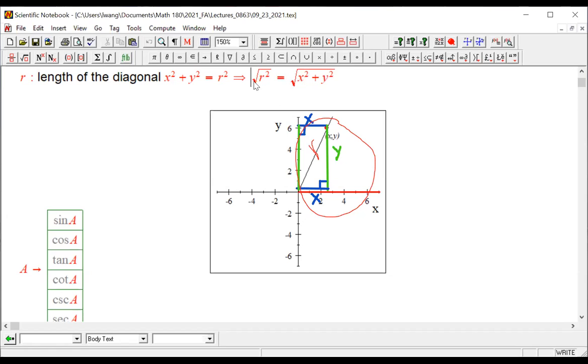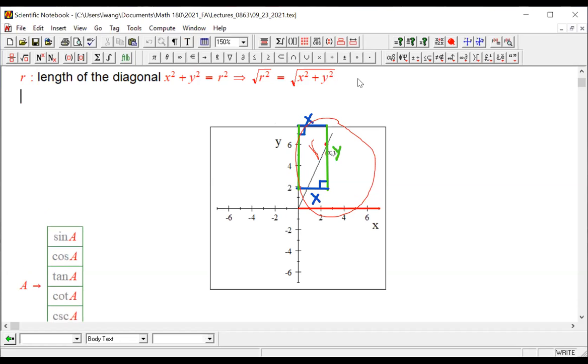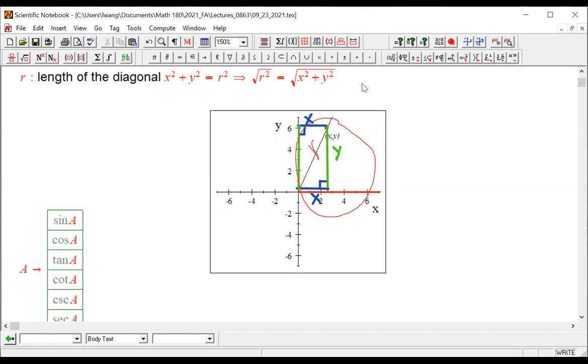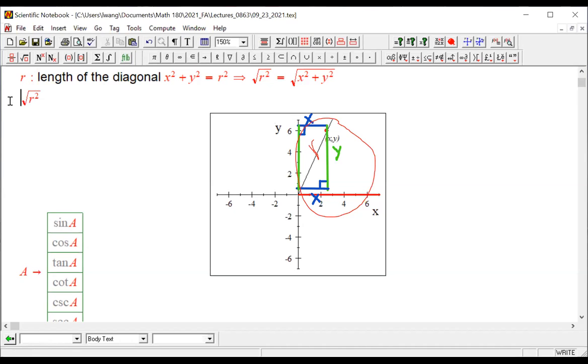What does the square root of r squared equal to? Chat, respond also.